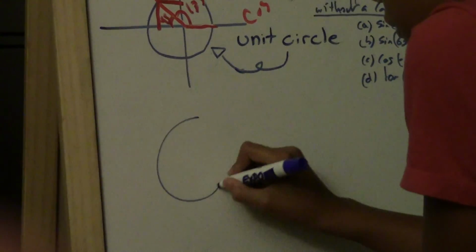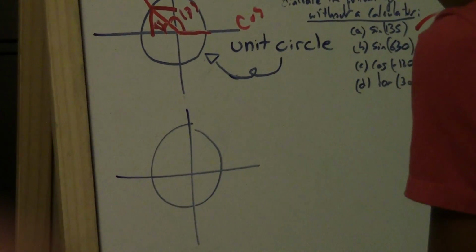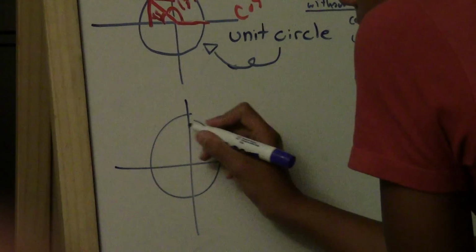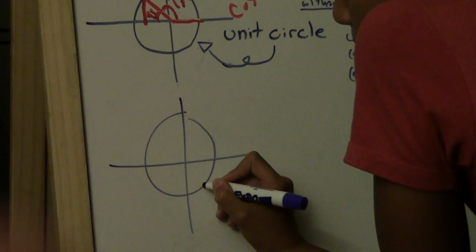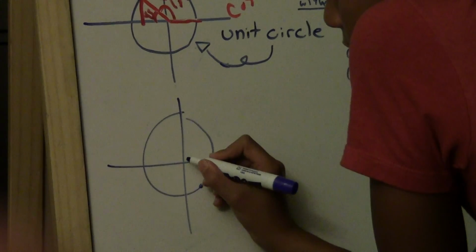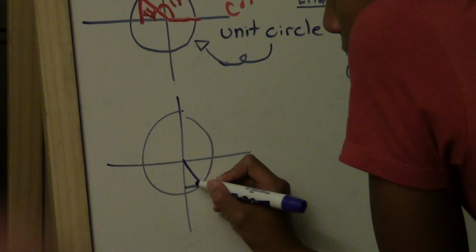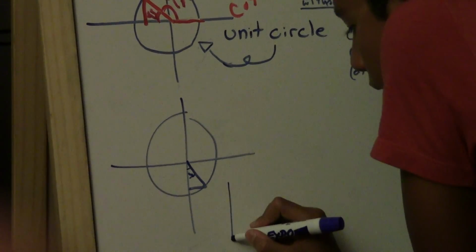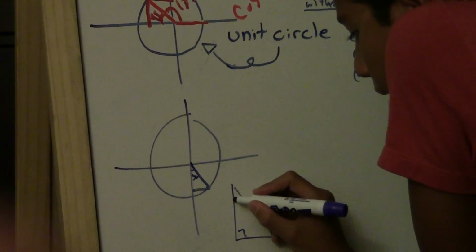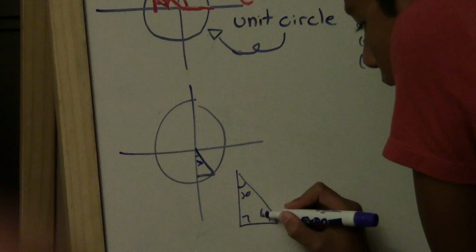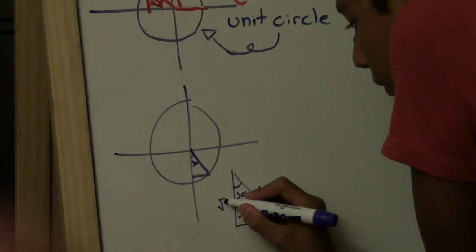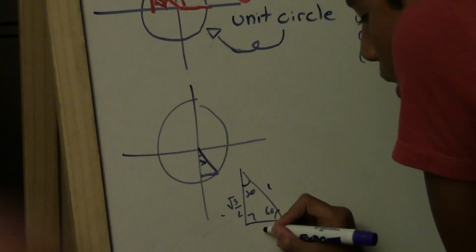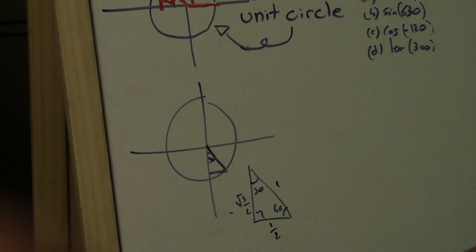Let's do one last one. This one is tangent of 300 degrees. It's positive, so we're going this way. 270 plus 30 degrees becomes 300. It's our favorite right triangle again, 30, 60. That's 1, this becomes square root of 3 divided by 2, negative because it's down here, and 1/2, just normal.